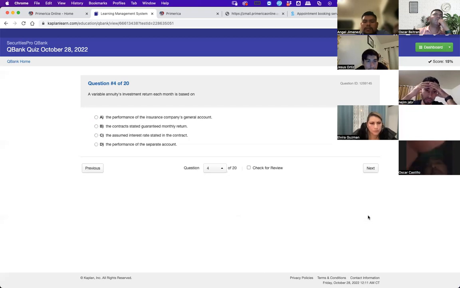All right, a variable annuity investment return each month is based on the performance of the separate account. D. Yeah.